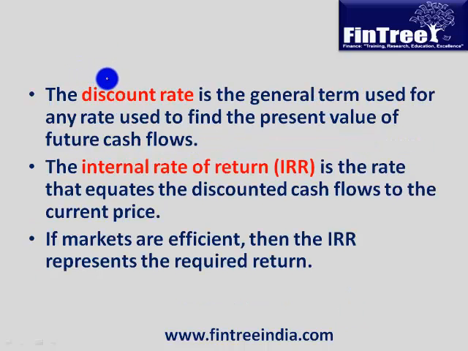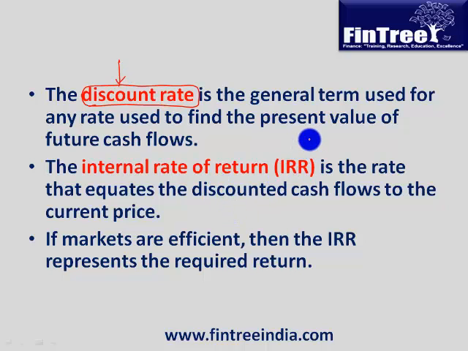Okay, next concept, the concept of discount rate. This is a more generic term which is used every time you want to discount some cash flows. For example, we distinguish between required rate of return and expected rate of return. But when you use discount rate, it simply means a generic term which will be used to discount certain future cash flows.